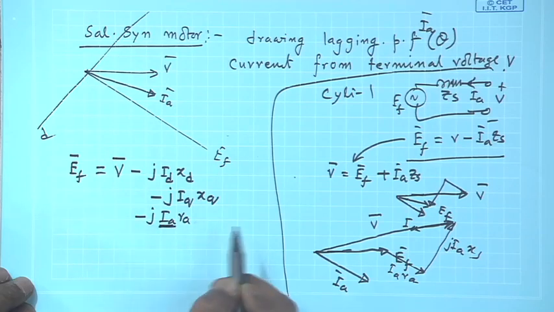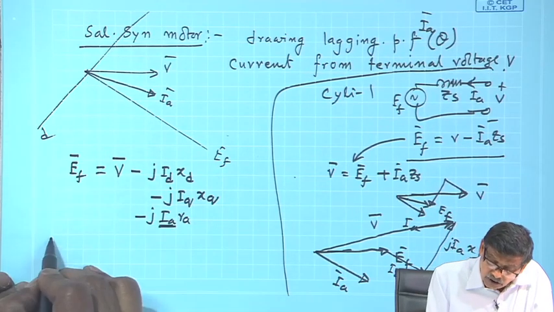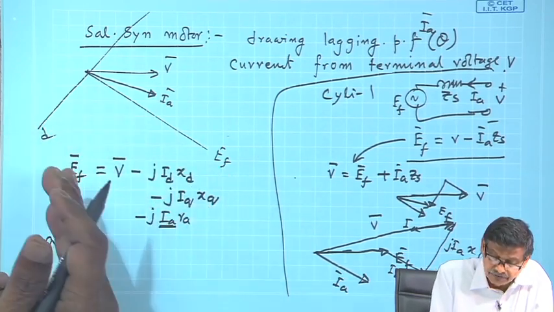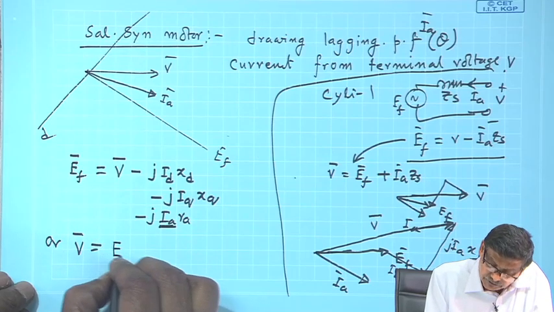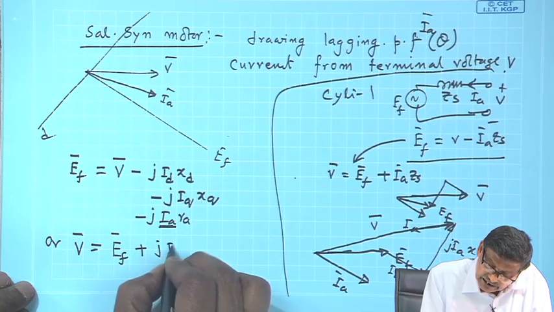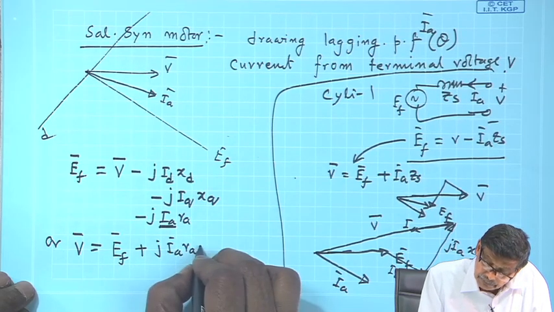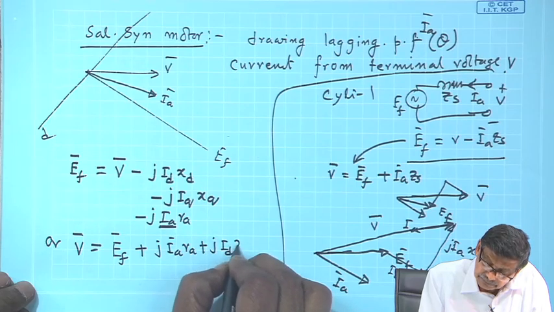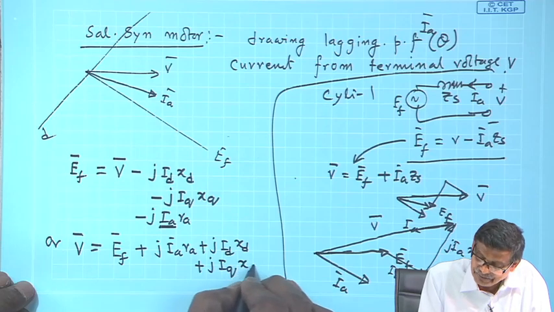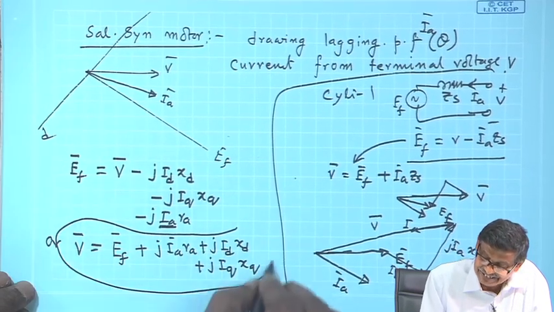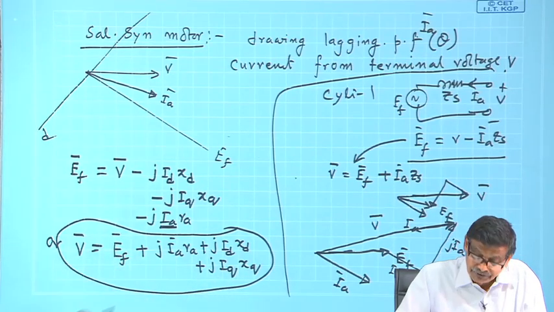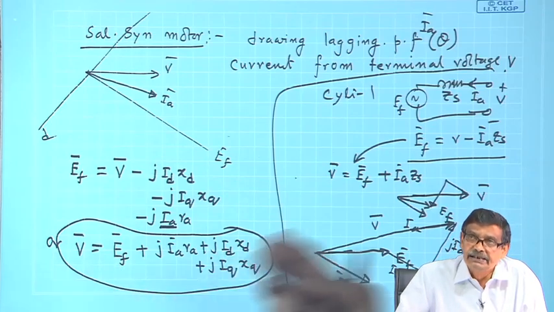This is I A, mind you, I A R A. Or translating this equation in terms of additions, if you first draw E F, then to E F you just go on adding this J I A R A plus J I d x d plus J I q x q. This is the thing, and this addition thing I will use to relate between V and E F in the next class. Thank you.